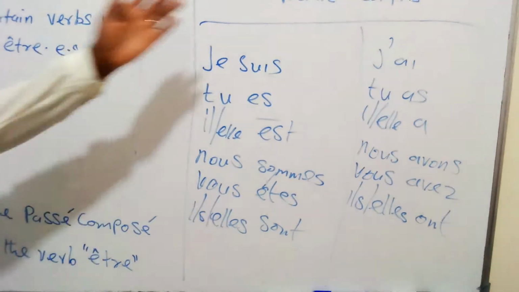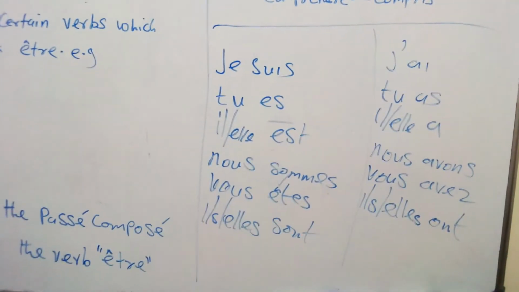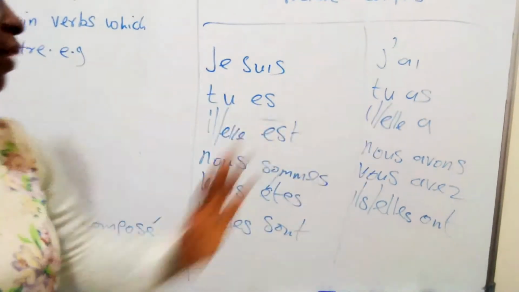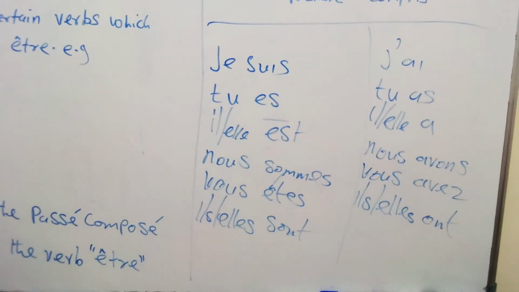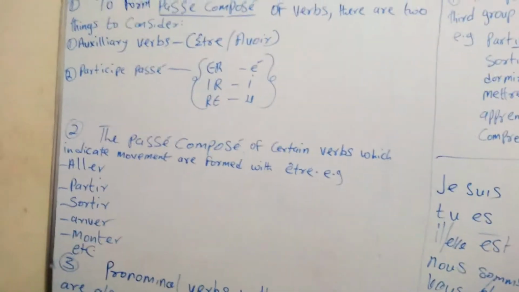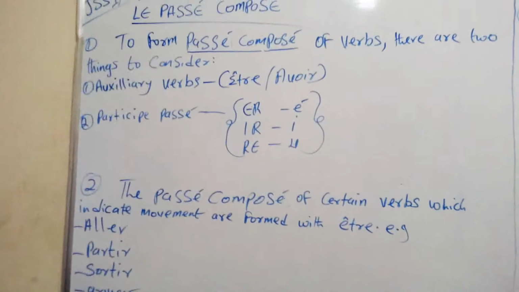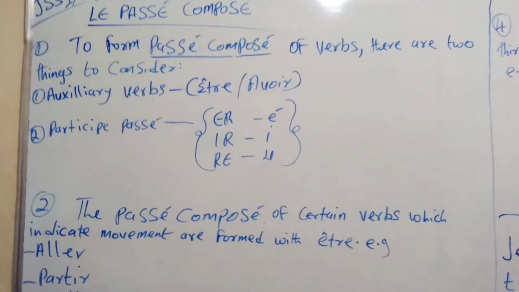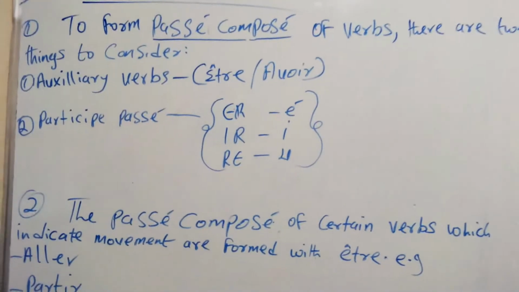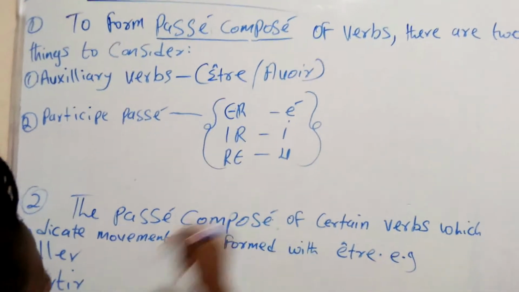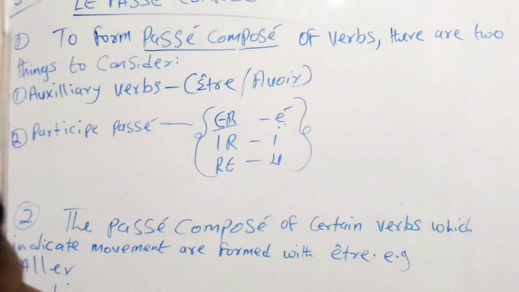Okay, now you've conjugated the auxiliary verb, être and avoir, in the present tense. We look at the next one, which is the participe passé. In English, it is called past participle. So the past participle for a verb that ends in ER is like this.